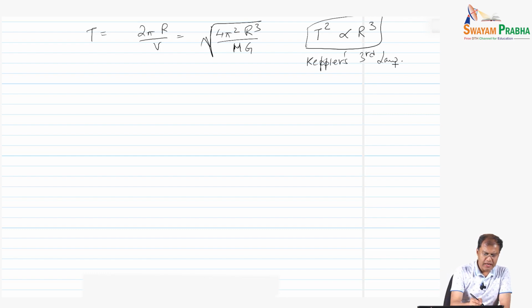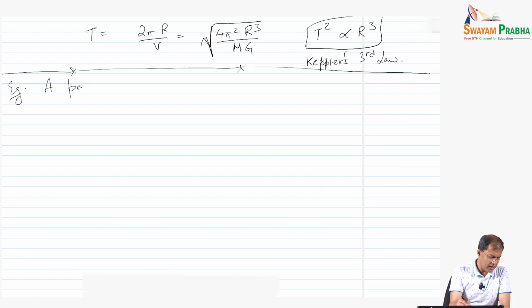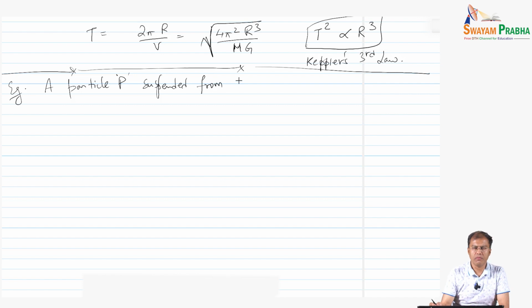So then let us look at another case of a circular motion, that is the motion of a pendulum. Suppose we have a particle P suspended from some origin.